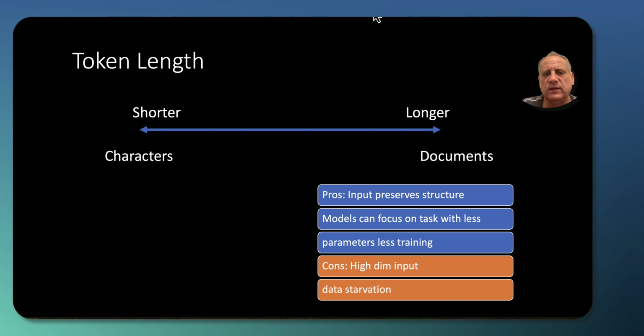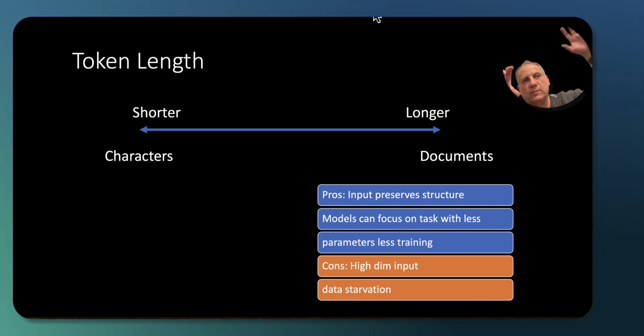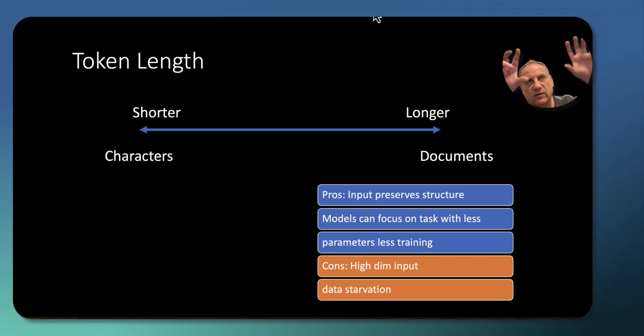On the other hand, if we work at the level of documents, what's great about that is that all of the structure that we're interested in is incorporated. We have context of the beginning of the document, and all of the words and all of the sentence structure and everything is all encoded in there.